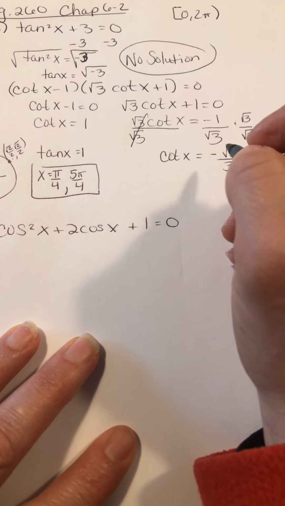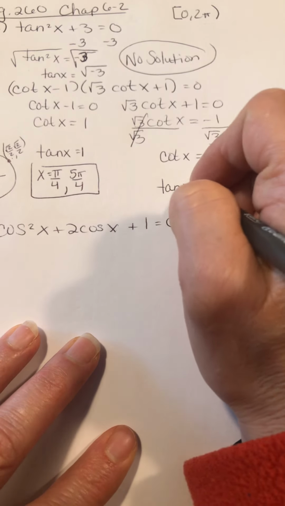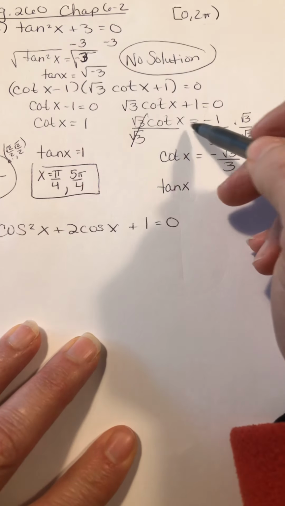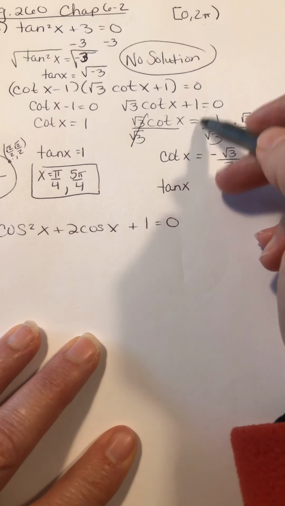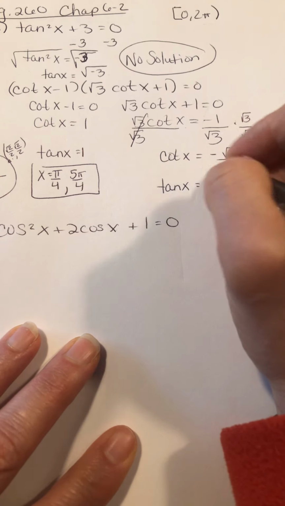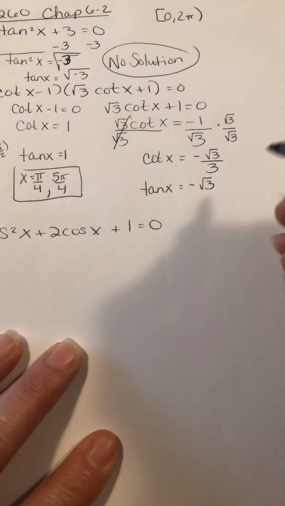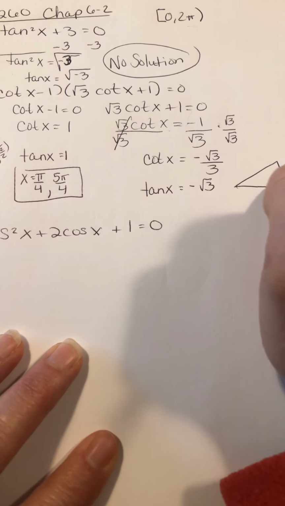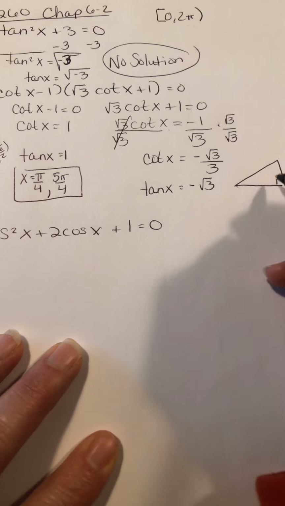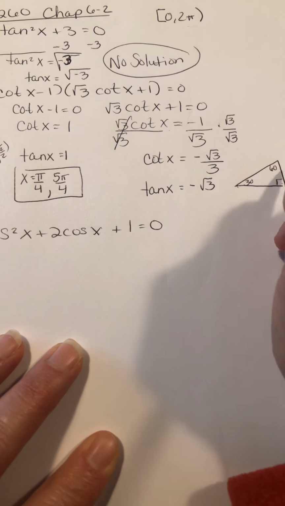So again, if we even want to think about this in terms of tangent, tangent is the reciprocal of cotangent. If I take the reciprocal back here, I'm going to get a negative rad 3. And if I think about my special right triangle, here's my 30, my 60, my 90.